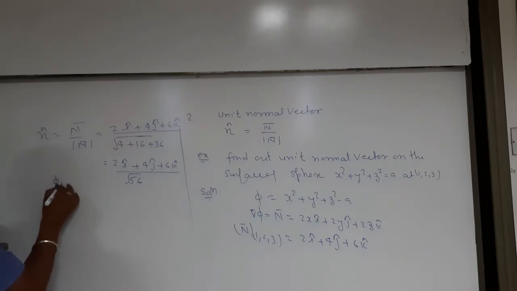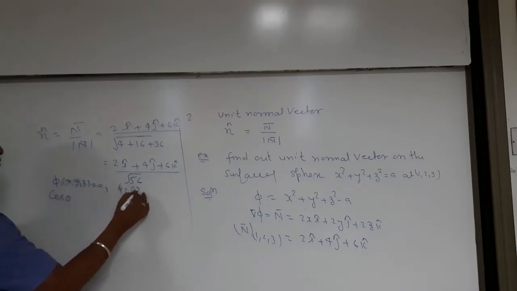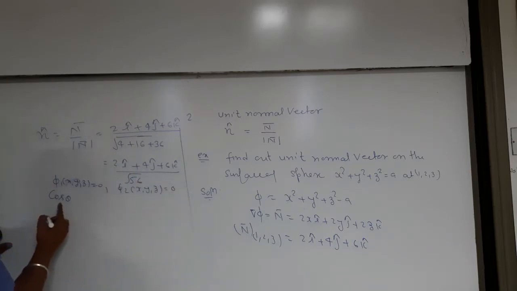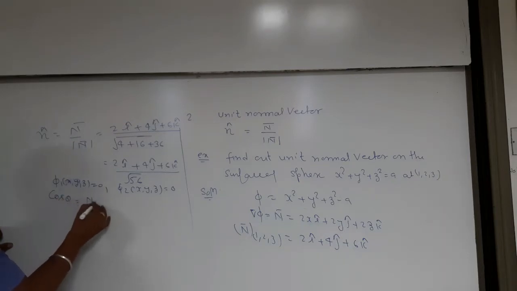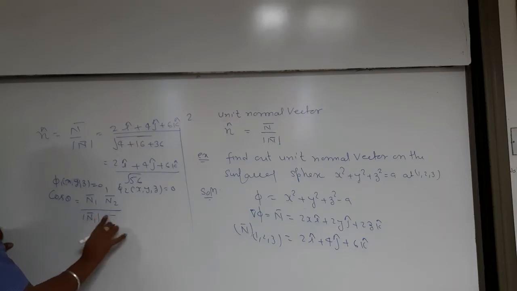Suppose one surface is given as phi 1 and the second as phi 2. Any two surfaces, no matter. So what is the angle between them? Cos theta is equal to n1 dot n2 upon mod n1 into mod n2.